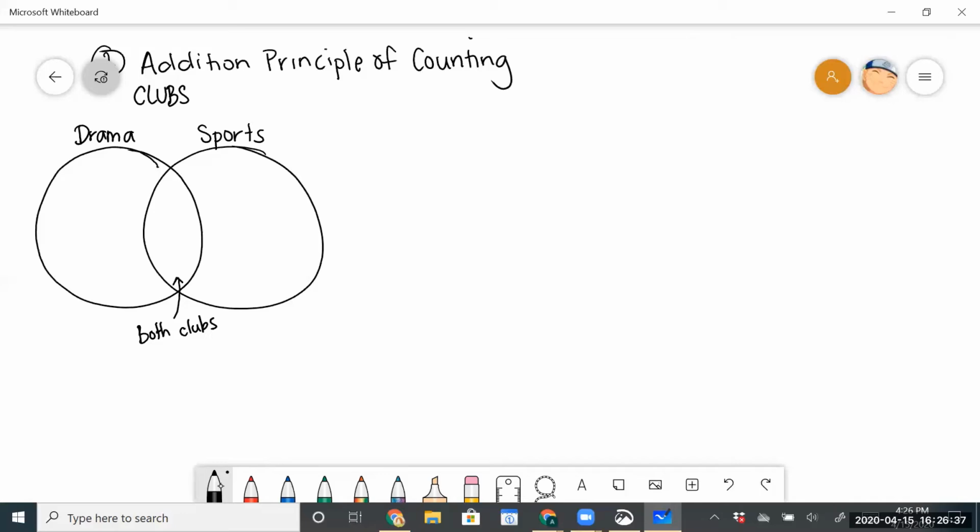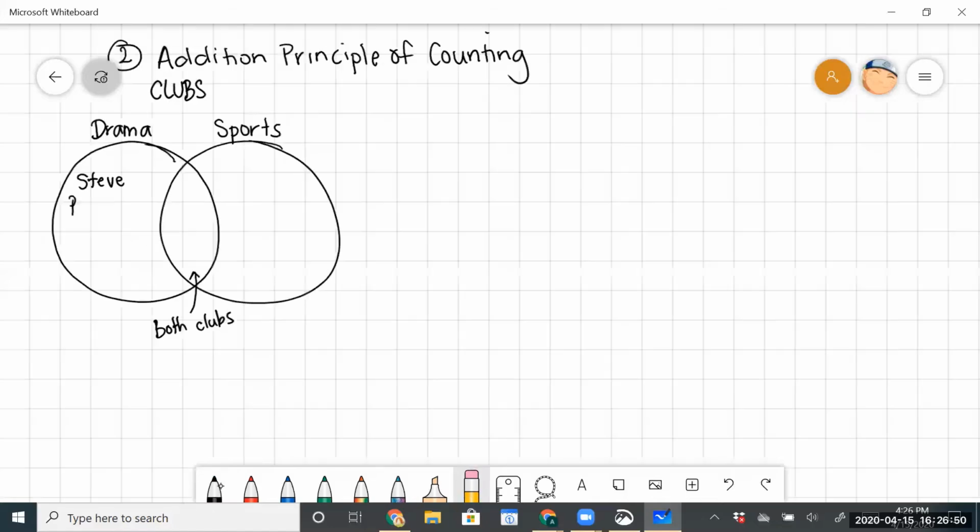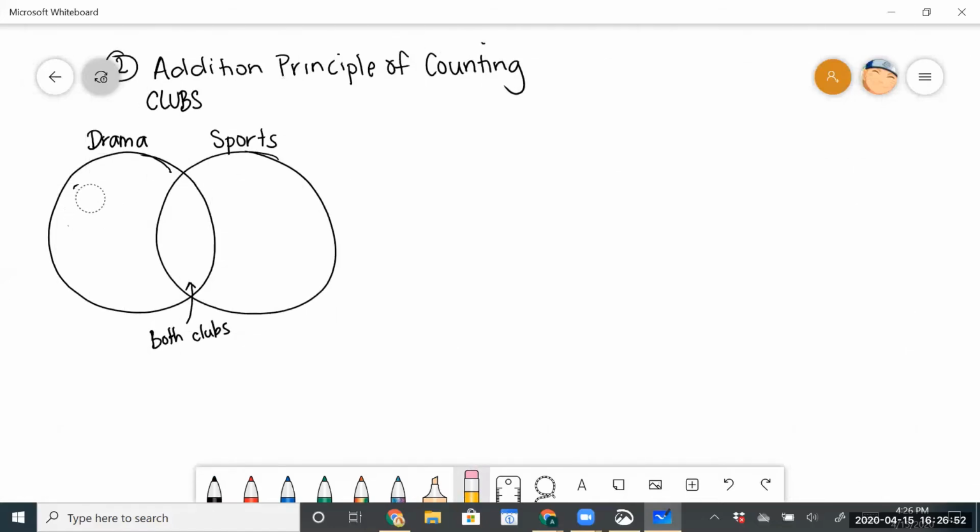We're going to pick some random names. We'll have Steve in drama. Let's do some color here so that we don't lose track of what's going on. So let's have red for drama.